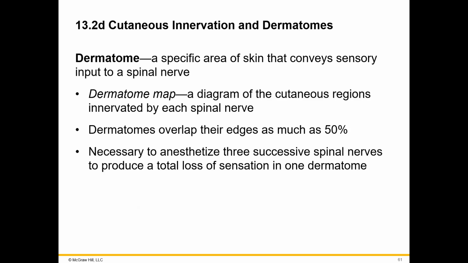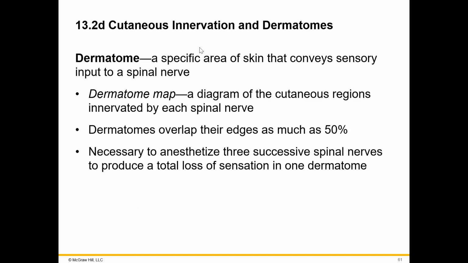But anyways, so the dermatomes. These are specific areas of the skin that convey sensory input to spinal nerves. The dermatome map is a diagram of cutaneous regions innervated by each spinal nerve. So each spinal nerve is shown with its overall jurisdiction.